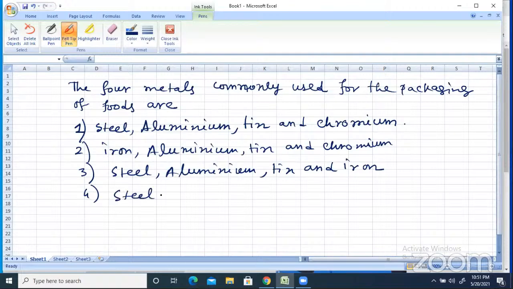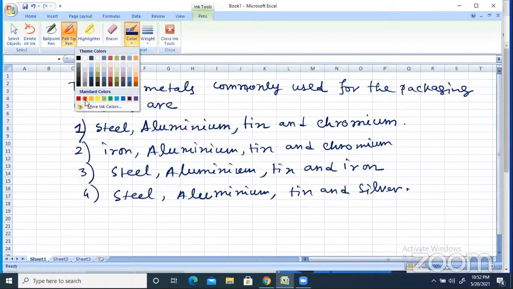Number 4, steel, aluminium, tin, and silver. Okay, how to choose the correct answer from this?